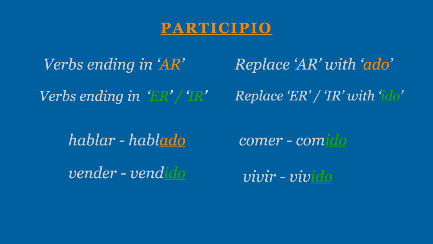But as usual, there are some exceptions, and there are certain verbs which do not follow this pattern to form the past participle. We call them irregular past participles. So let us go ahead and see some of them. Abrir, to open. Abierto is the past participle. The same way, escribir, escrito, to write. Romper, to break.